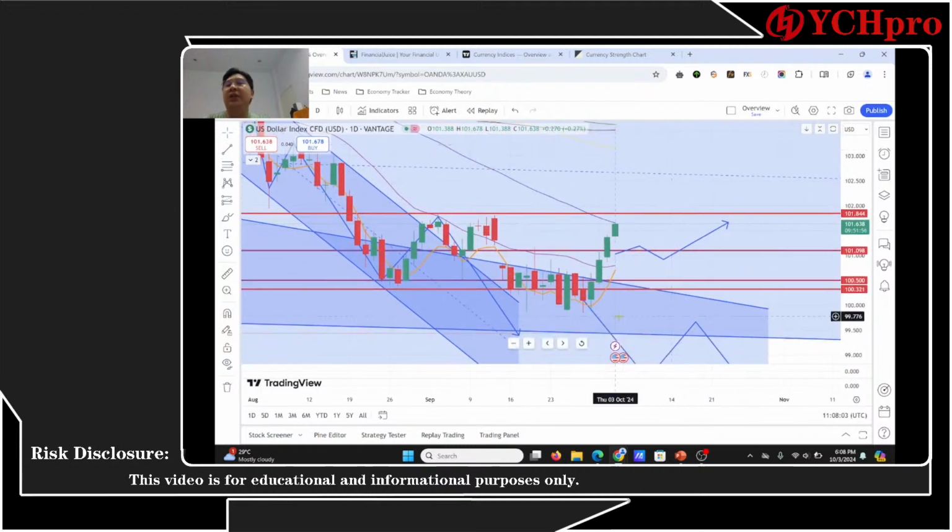So initially I thought that the market would be reacting, going higher for a while before going lower, but somehow the market reaction has been quicker than we expected, and right now we are seeing that the US dollar index managed to gain some strength back, and right now it is at a very critical point of the chart, as you guys can see here, that it is currently in a resistance area near around 101.84.